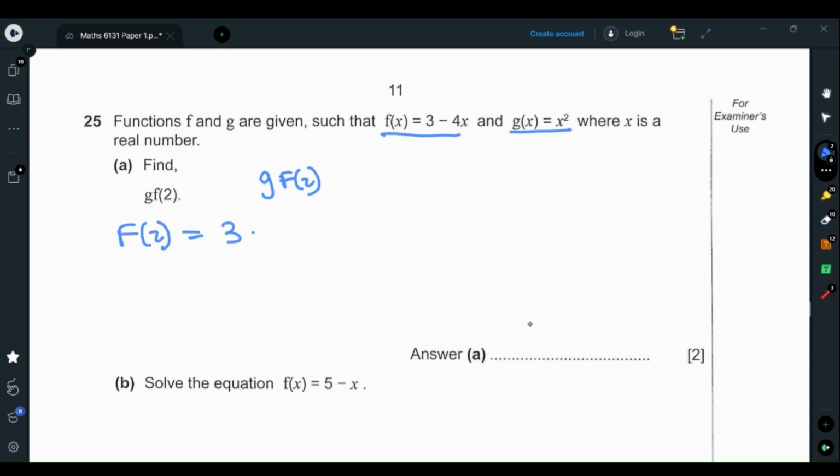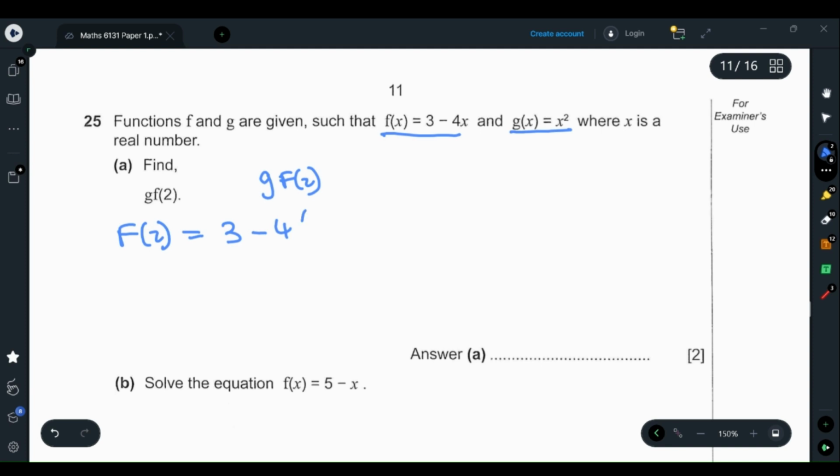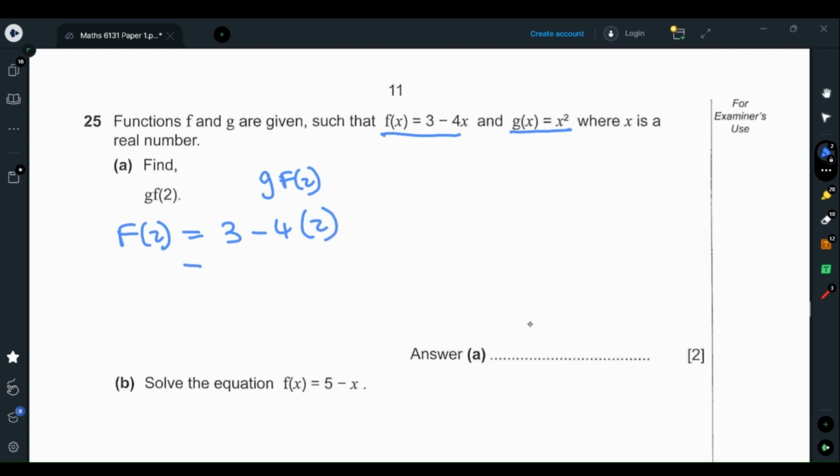What do we know about f? f is 3 minus 4x, but we know that x is 2 in this case. So 3 minus 4 times 2. So this gives us 3 minus 8, and 3 minus 8 gives us minus 5.